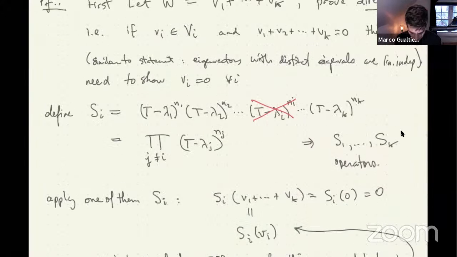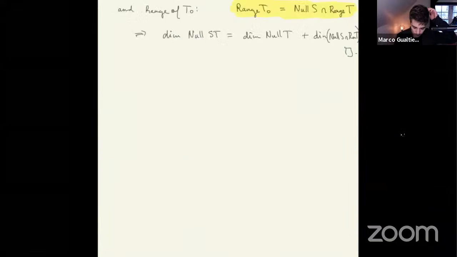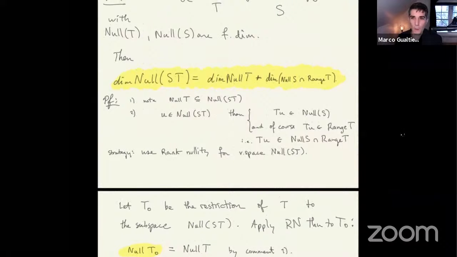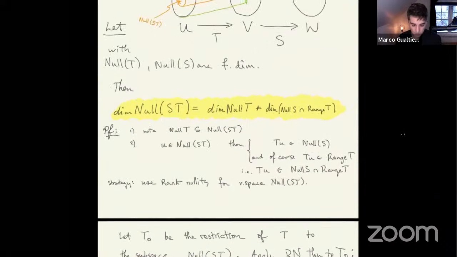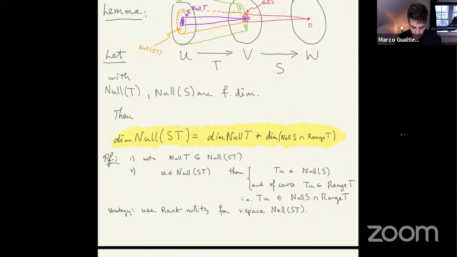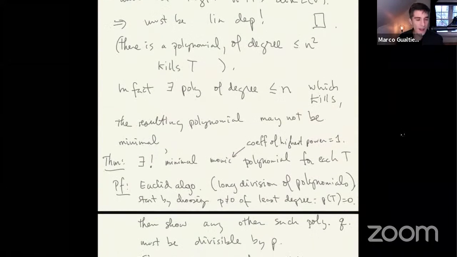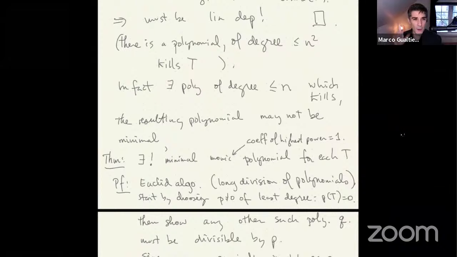Okay, so let's just review quickly what we did so far. The first thing was that we found a polynomial. We found that there is a polynomial that kills the operator T. There are many such polynomials, but they're all multiples of a single polynomial, which is called the minimal polynomial.